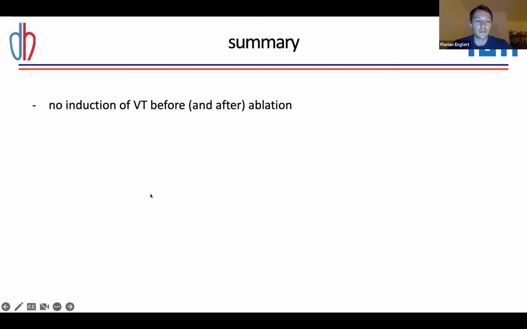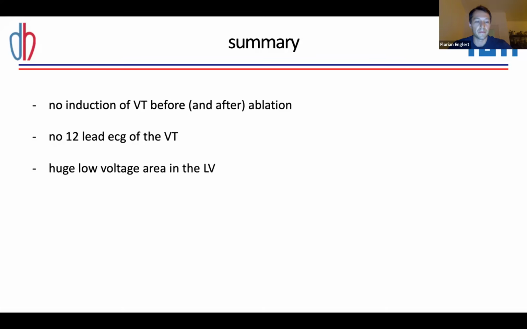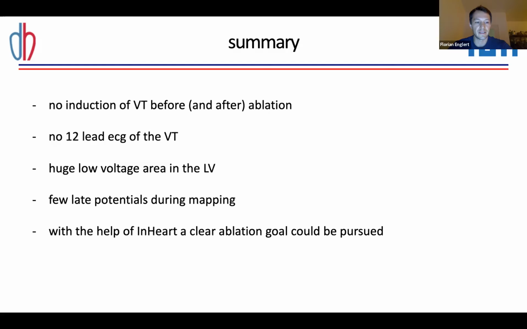So in summary, we had no induction of the VT before and also not after the ablation. We didn't have any 12-lead ECG of the VT, which would have been helpful. We had this huge low voltage area in the left ventricle, and we just saw a few late potentials during mapping, but not many interesting signals there.